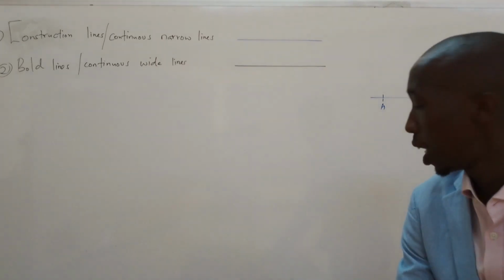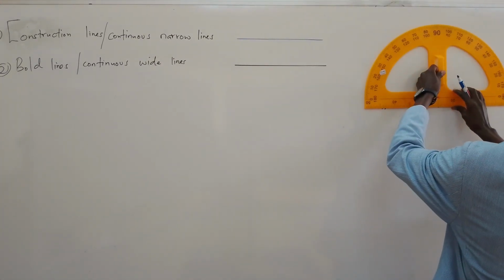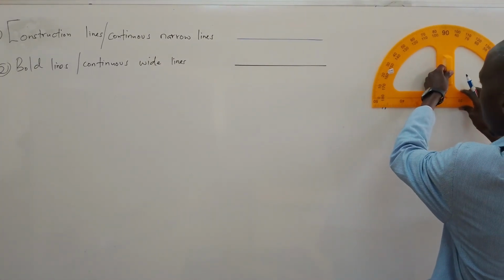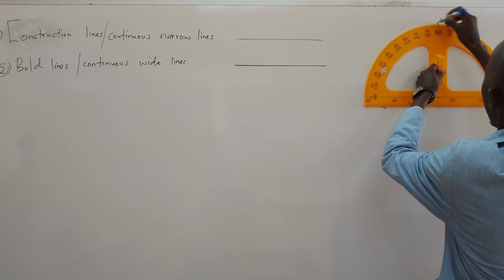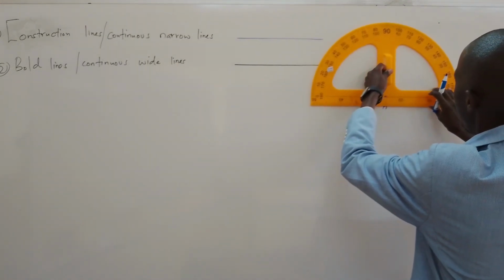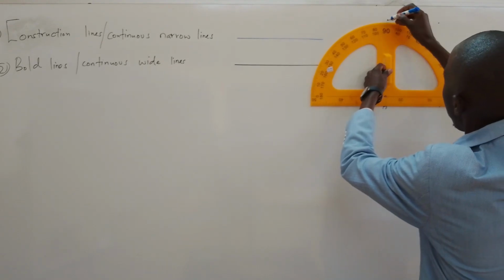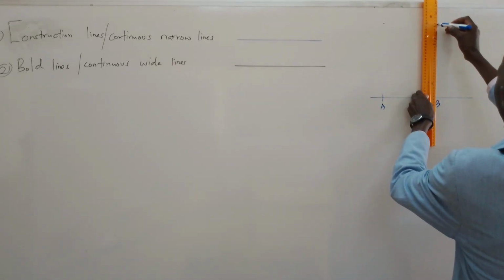Now you produce perpendiculars. That is by measuring 90 degrees from A and B. Then you produce a construction line.